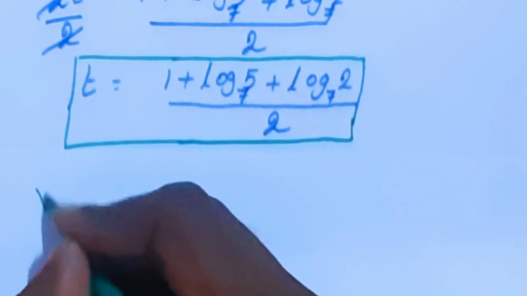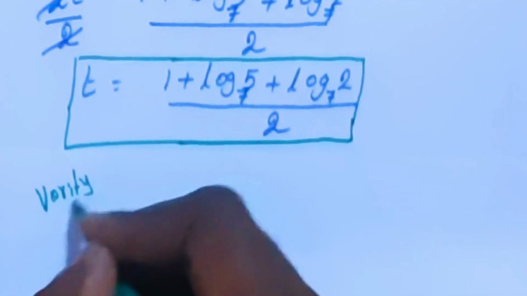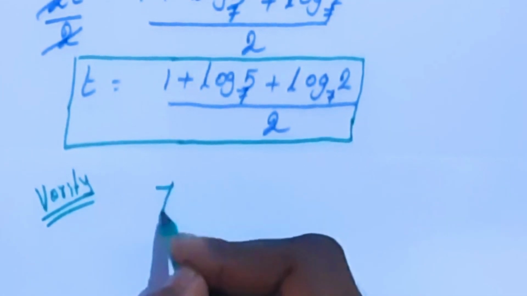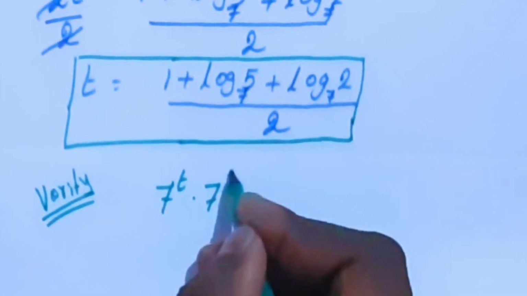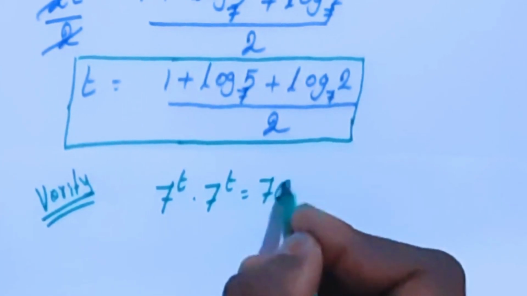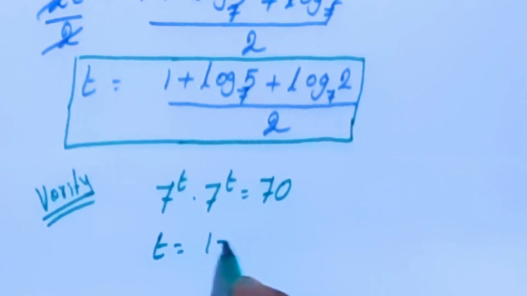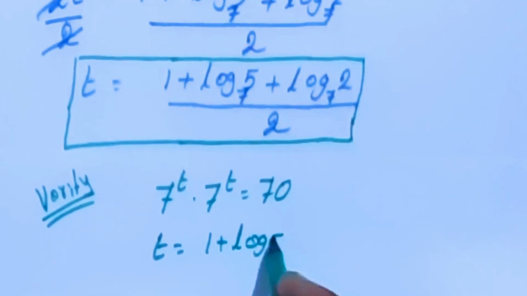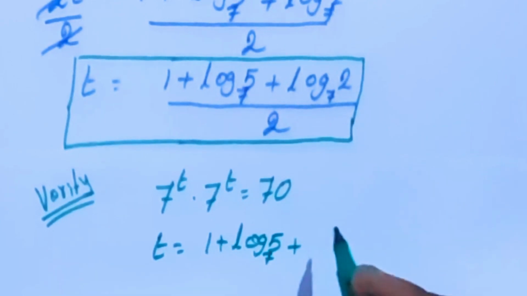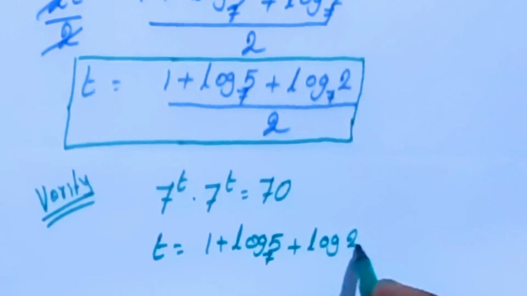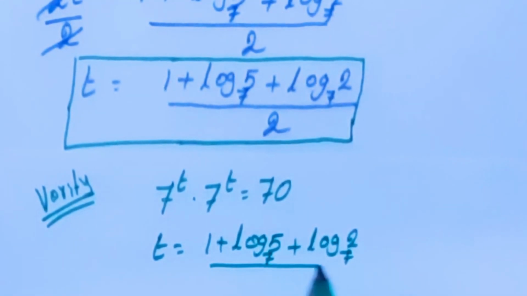Now verify: 7^t times 7^t equals 70. Here the t value is t equals (1 plus log 5 base 7 plus log 2 base 7) by 2.